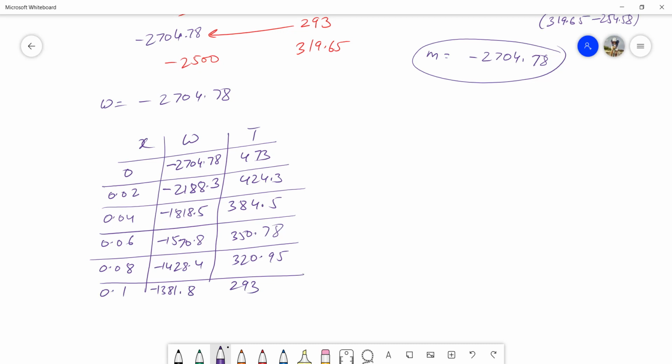So these are the temperature values corresponding to these positions. So you can clearly cross check your solution.